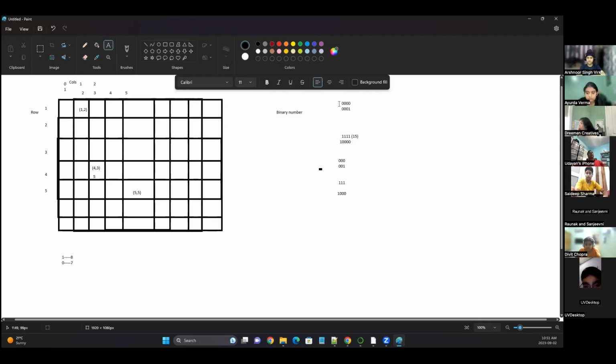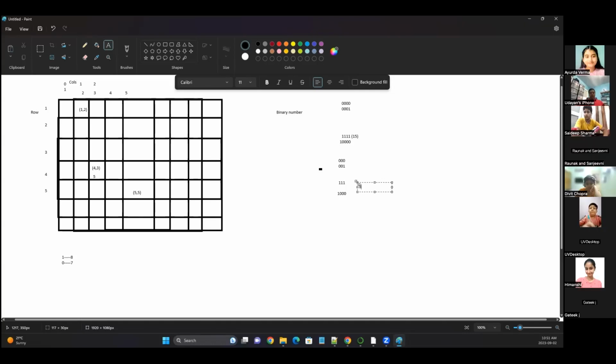Okay. So in order to store 1 to 8, we need 4 digits. But if we have to store from 0 to 7, we need 3 digits. Let's just accept it and not worry about how it works. If you see the first number, 8 multiplied by 1 plus 4 multiplied by 1 plus 2 multiplied by 1 plus 1 multiplied by 1.